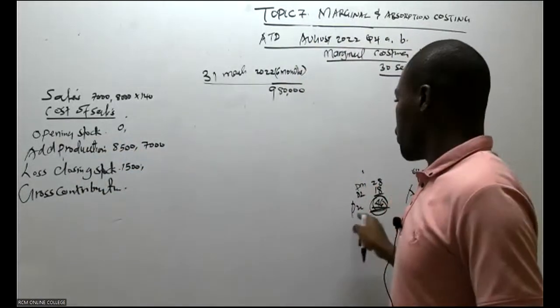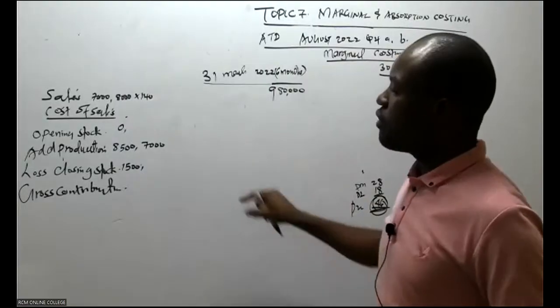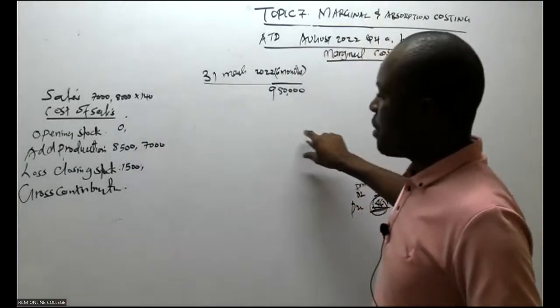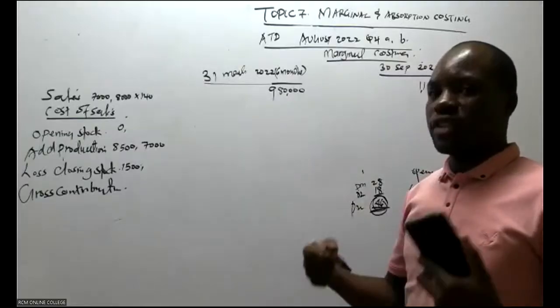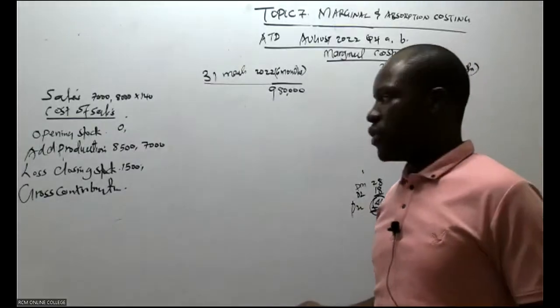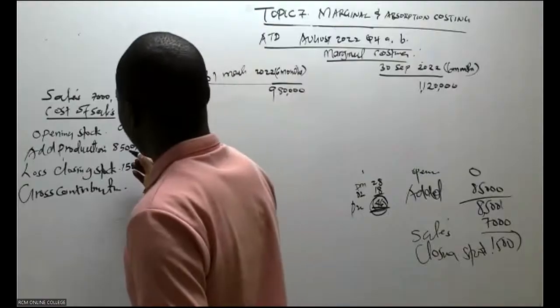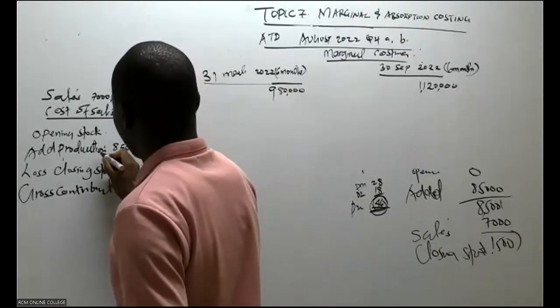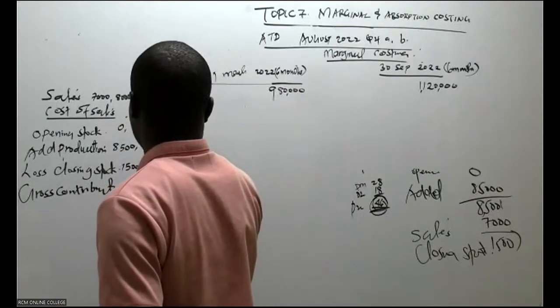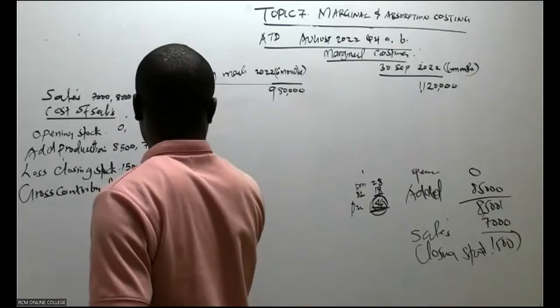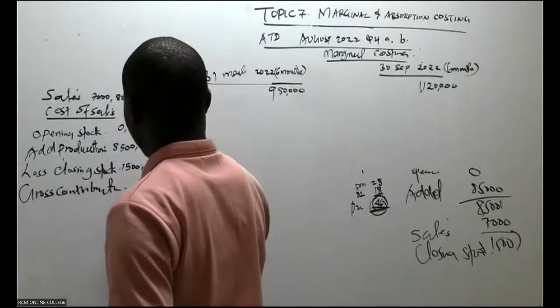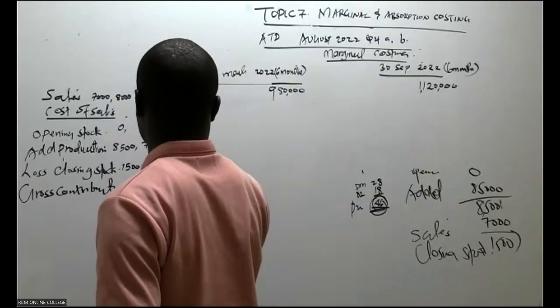We only use this to get the value of the goods produced in that particular period and the closing stock. So when we come to this part, we take the goods that have been produced and multiply by 46. The closing stock that we have here, we are also going to multiply by 46.